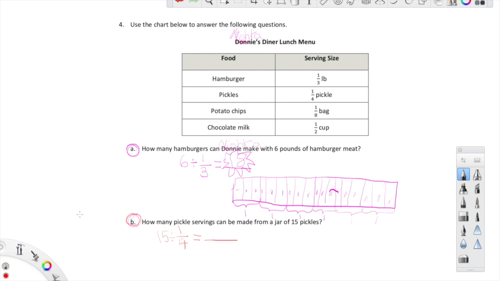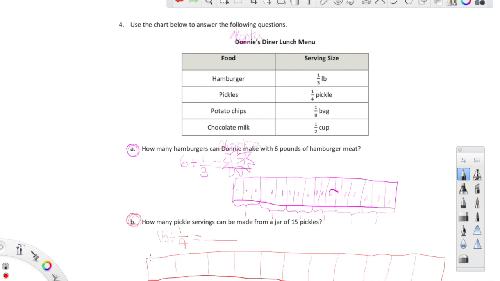So let's make a tape diagram. This time let's make it a little bigger. 15 is a huge number. Okay, that's a pretty huge model, but that's okay. So let's put them into 15. 1, 2, 3, 4, 5, 6, 7, 8, 9, 10, and 11.